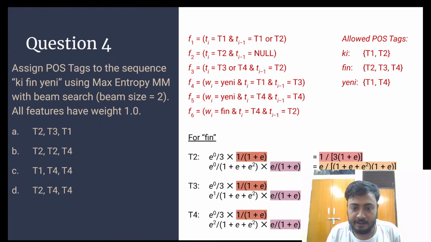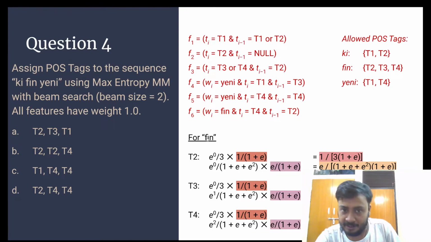Okay, now let's see how this is happening. So we have t2. Let's consider the first case. Current tag is t2, current word is fin. All right, and when we are considering the first one, previous tag was t1. So previous tag t1, current tag t2, current word fin. What are the features which are applicable?